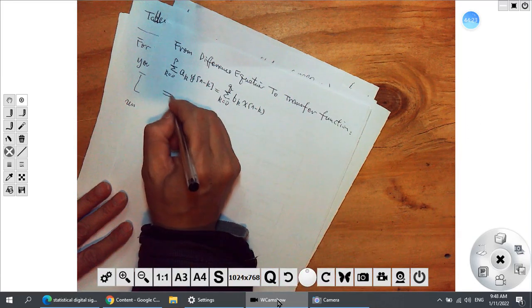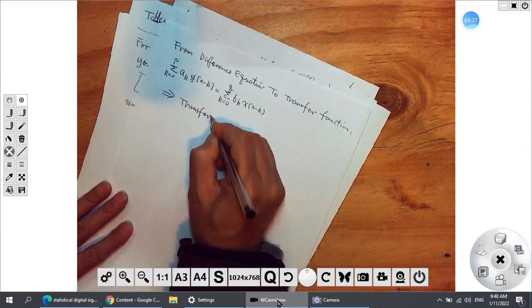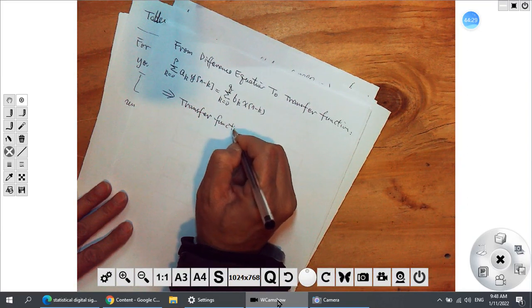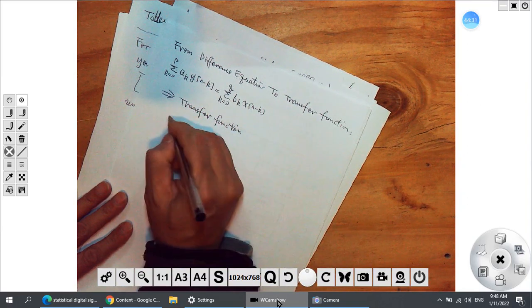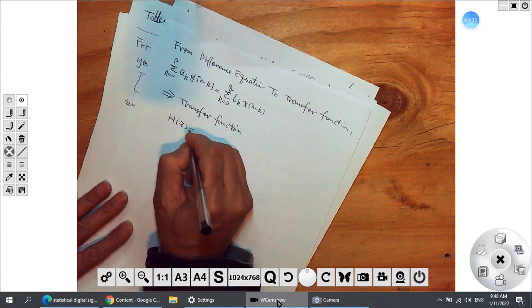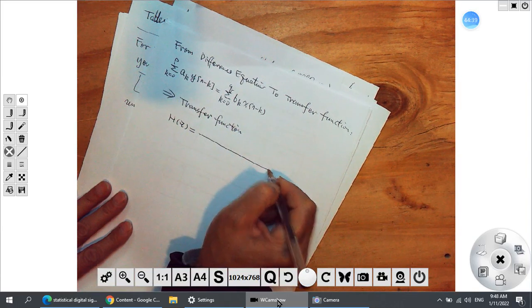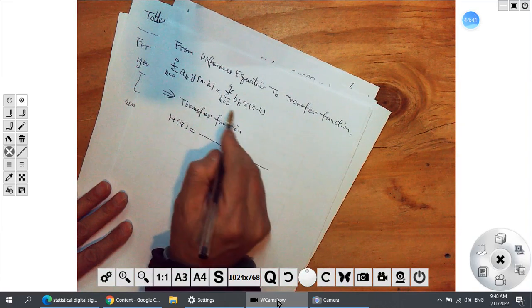Then we have the transfer function H of z. You can write it directly. You don't need to perform the Z transform. You can perform the Z transform, and the result will be the same. You see, here's the numerator part.